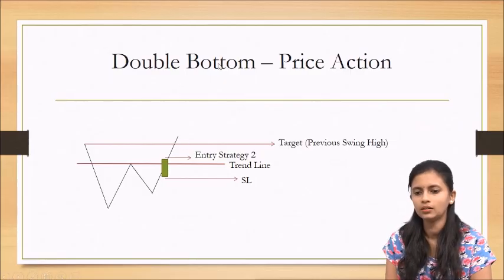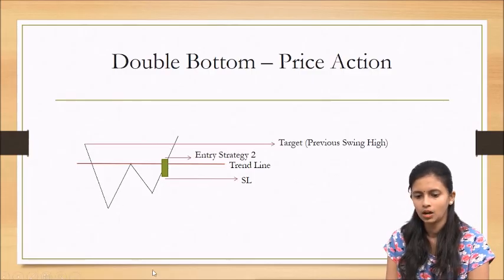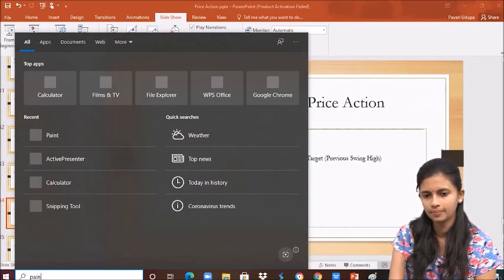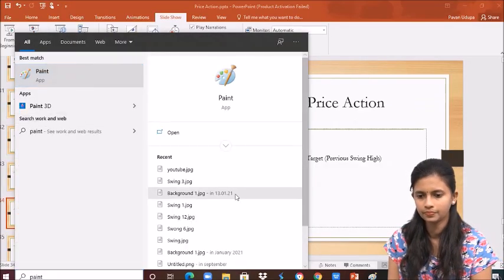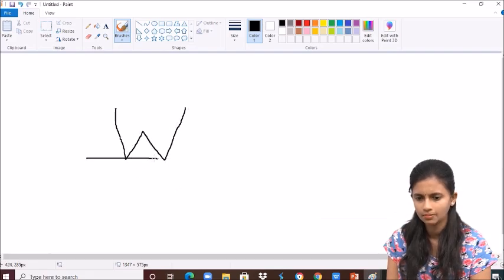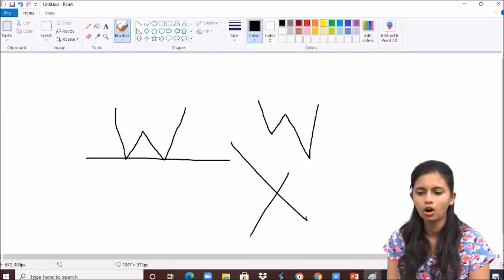The next pattern is double bottom pattern. This one, see how the pattern is? It is like this. Now if you see a pattern something like this, with the same bottom, or something like this, these are not considered to be a proper setup.